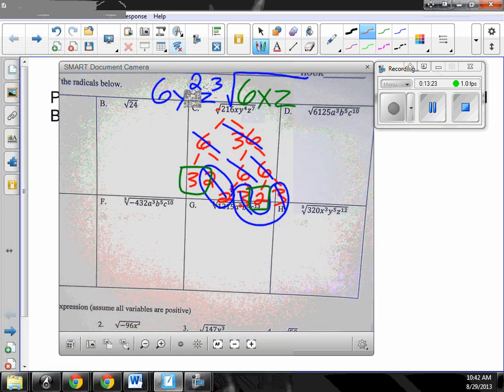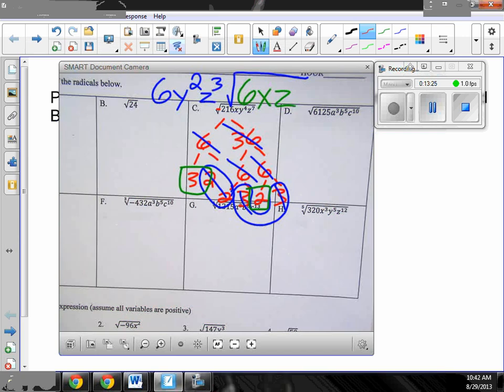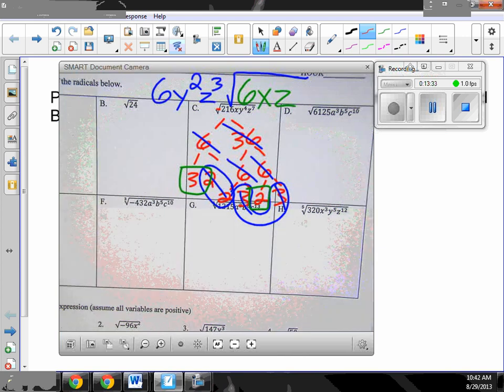Now, what if my original problem would have had a negative in it, a negative 216? What happens when you square root a negative? Not irrational, imaginary. So when you square root a negative, you get an imaginary number that has an I in it. The question is, where do you put the I? Taylor? In front of the square root.